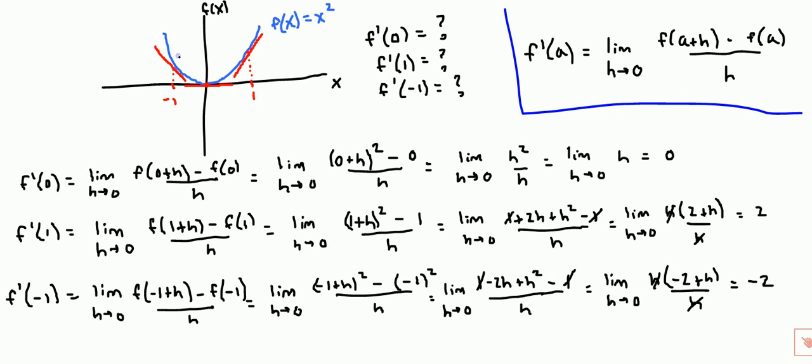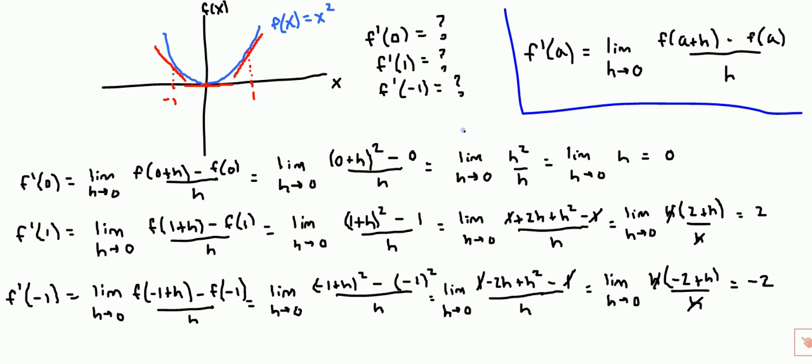Now I had asked if you had a guess for what the derivative was right before I solved this one, right? I talked about the symmetry of the graph. Well, at 1 and -1, you would expect the slopes to be equal in magnitude, but opposite in sign.